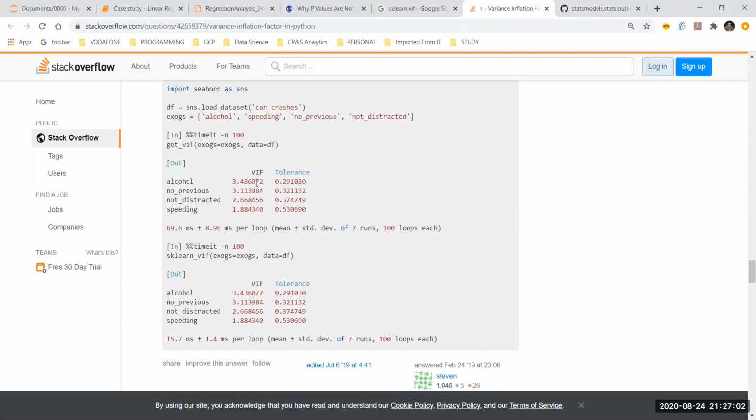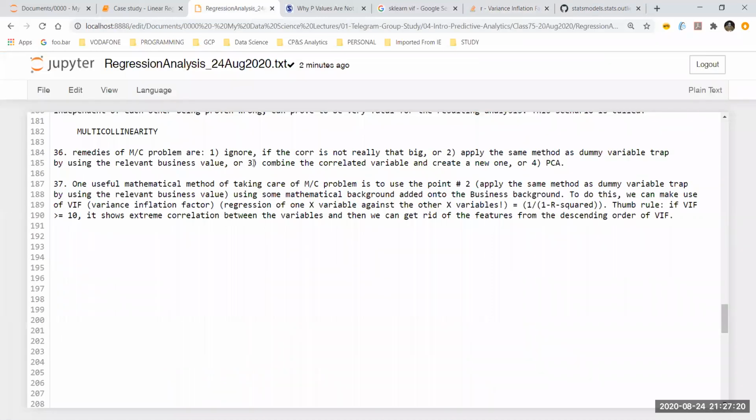In this example the values are around 3, so we cannot get rid of any features. The features are alcohol, speeding, no previous, not distracted, and so on. But these values are really less than 10, so in that case I would go with my first point, and ignore them. Let's look into it by code in the next class.